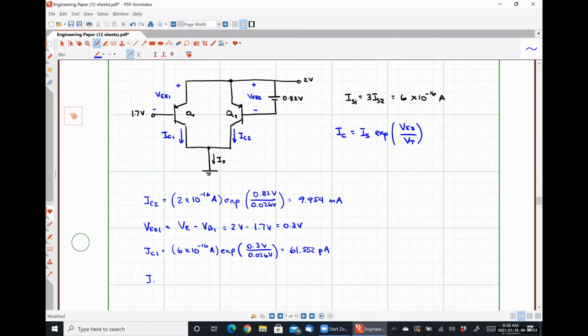So IX is equal to IC1 plus IC2, which is approximately equal to IC2 of 9.954 milliamps, because IC1 is several orders of magnitude smaller.